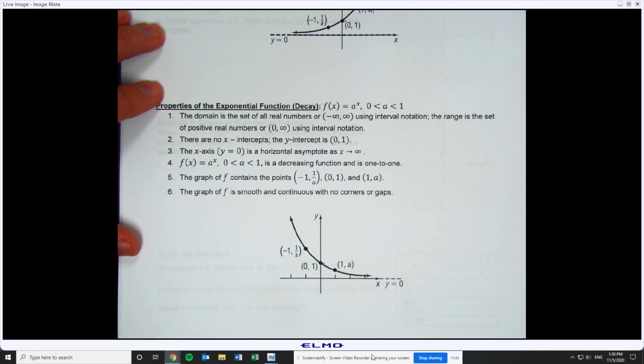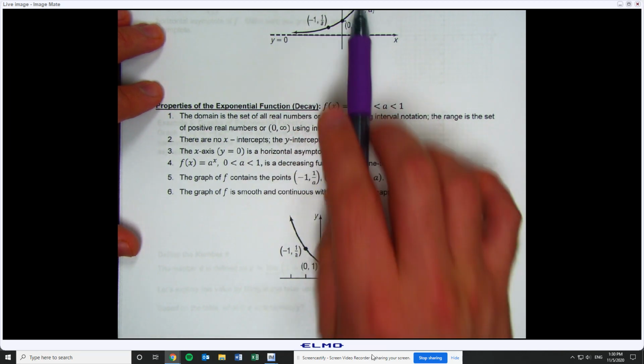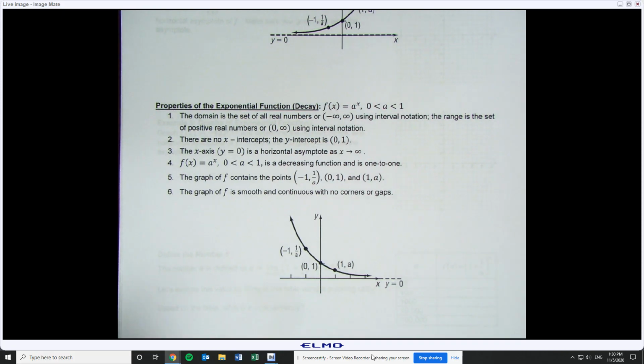Now, what's important to see on here, for anything that's not transformed, we have 3 points that always show up. So that's the only special thing I want to show you on here.